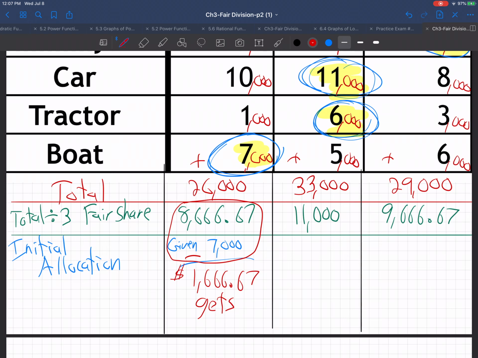She was given the boat, which she believes is worth $7,000. That was her bid, and that doesn't totally make up her whole fair share amount. She also needs to be given $1,666.67, and that'll make a total fair share for her of $8,666.67. So Abby gets the boat, and she gets some cash.